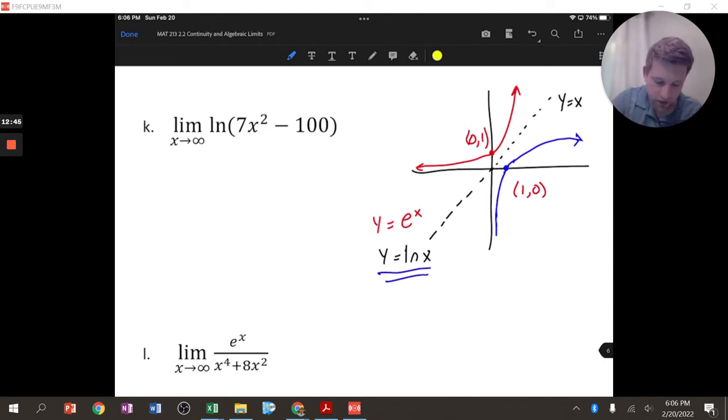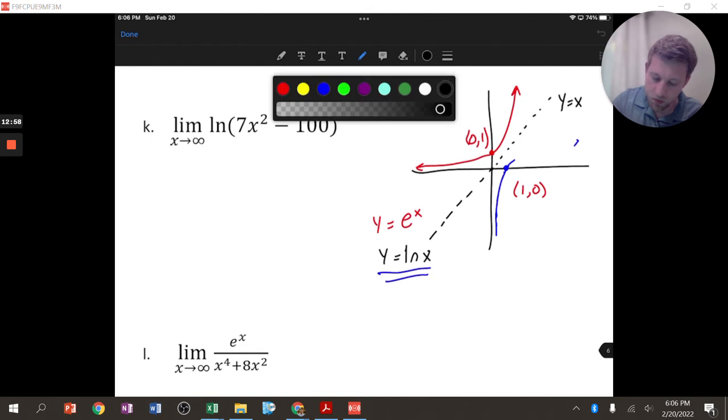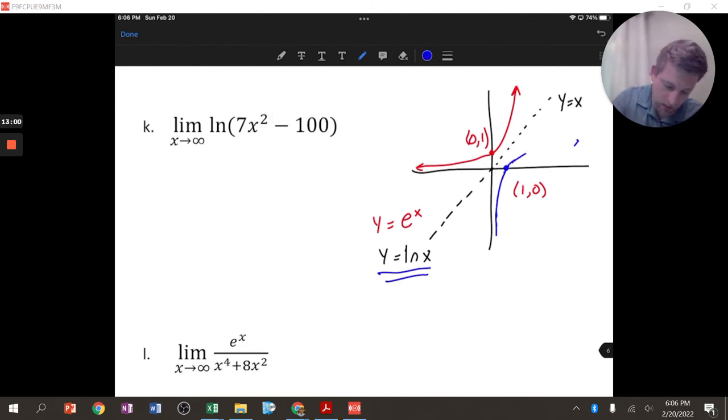As much as I've drawn this graph, it's increasing gradually, but we are increasing again here without bound for that natural log function. This is going to be, again, just increasing gradually here without bound for that one.